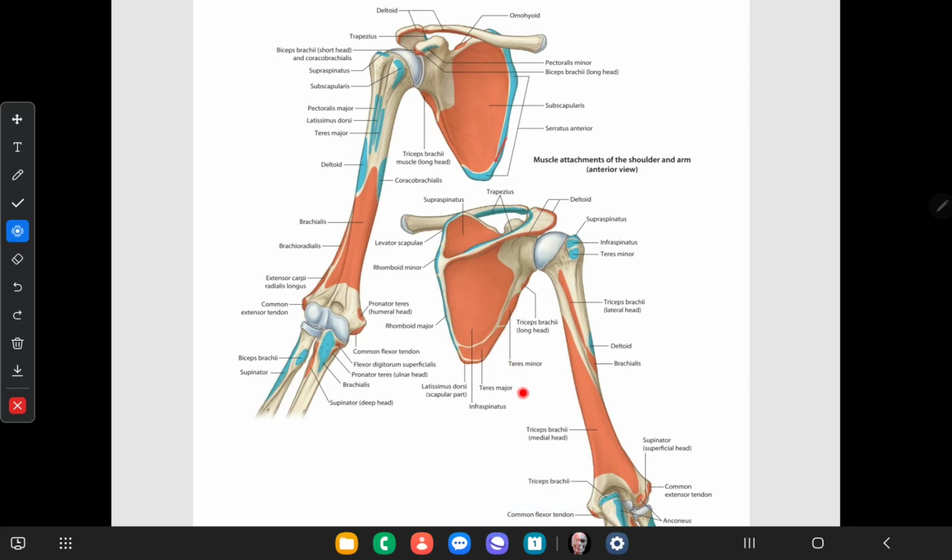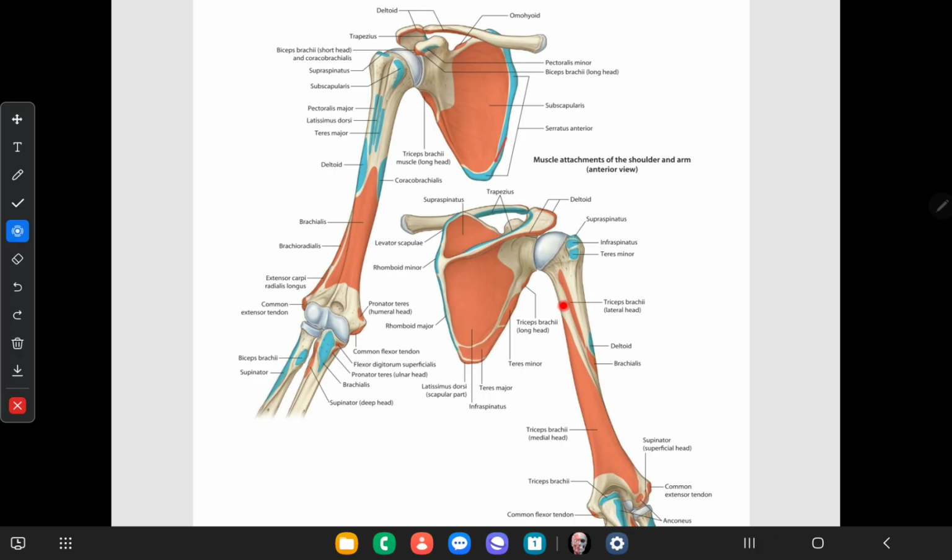Here you can see the posterior aspect from this picture, and here is the greater tubercle. In the greater tubercle there are three facets. Supraspinatus muscle is attached to the superior facet. Infraspinatus muscle is attached to the middle facet. Teres minor muscle is attached to the lower facet in the greater tubercle.